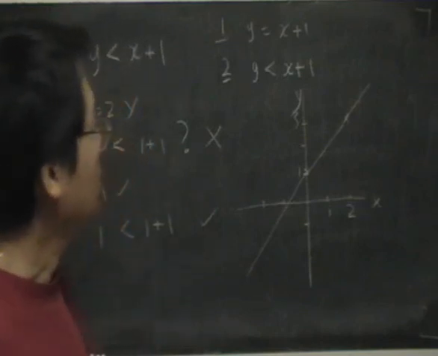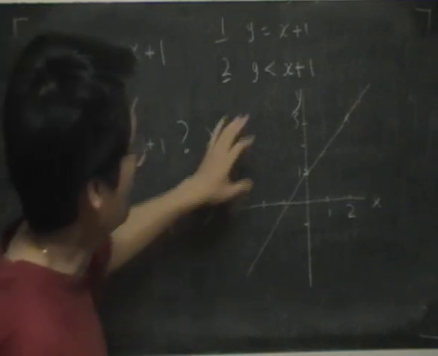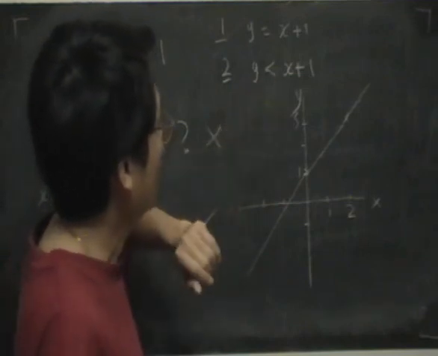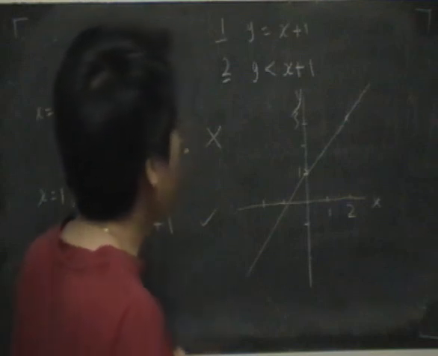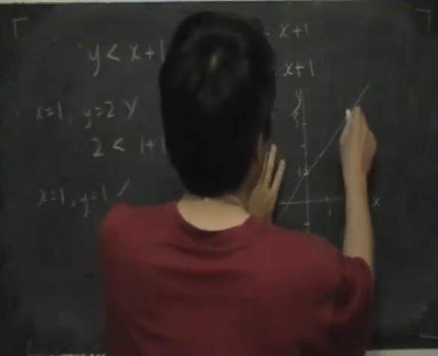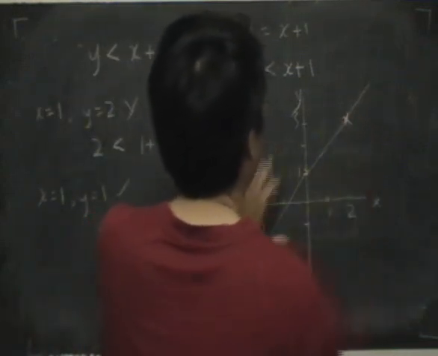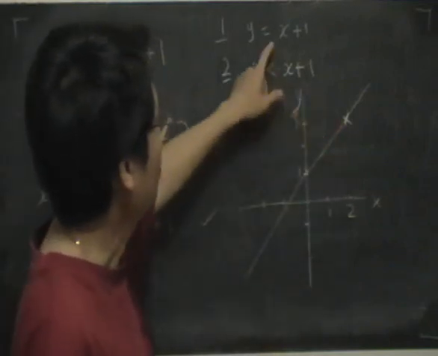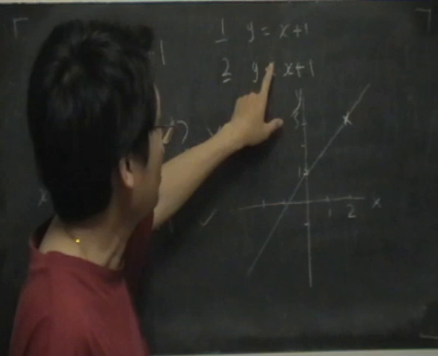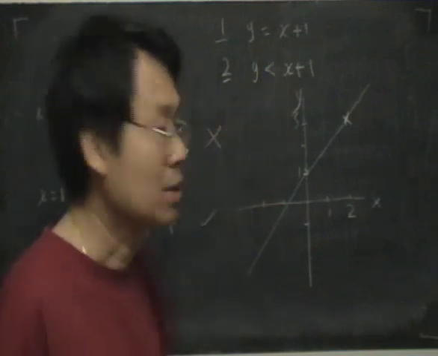Now, let's say I go to any point on the line, like that one, and think about what happens to this point if the equal sign changes to a less than sign.